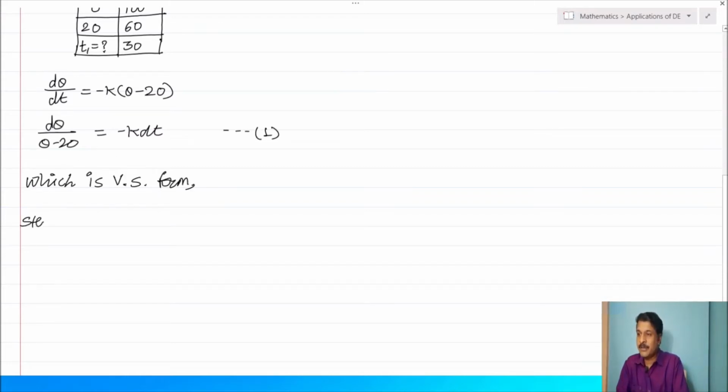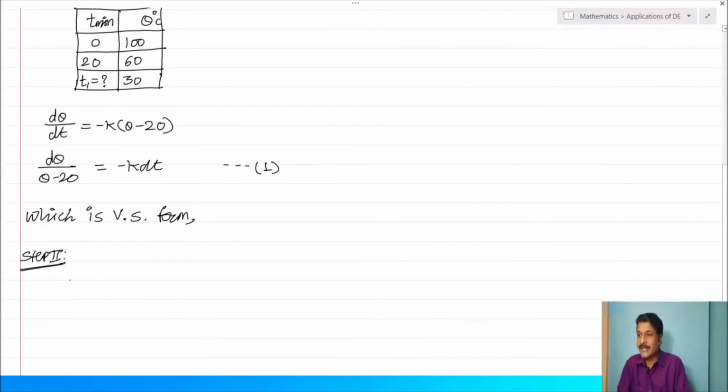So now step number 2. As it is in variable separable form, we know what to do with that: integrate both sides. So here the integration of d theta upon (theta minus theta 0) is equal to minus k dt. But now I am using here the limits of theta and t by using these known values.